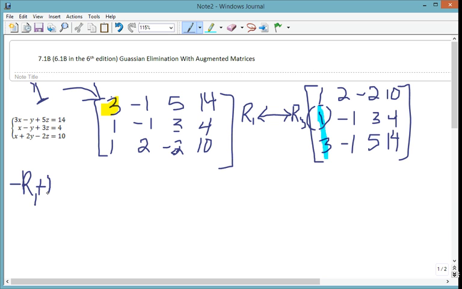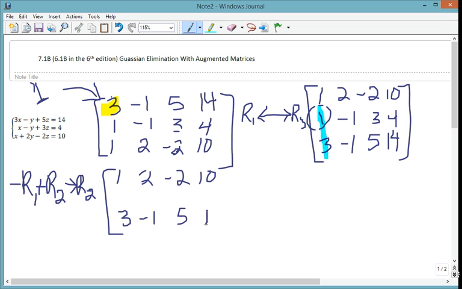I'm going to add it to row 2, and that's going to be my new row 2. I'm not going to change row 1, I'm just going to change row 2. So the only one I'm changing is row 2. Row 1 is going to be the exact same. Row 3 is going to be the exact same. I'm not changing those rows. All I'm going to do is change row 2.